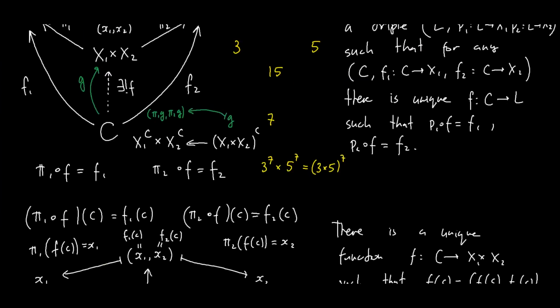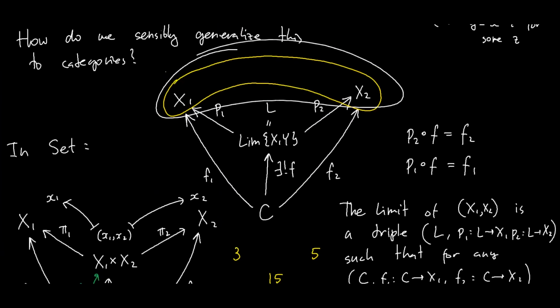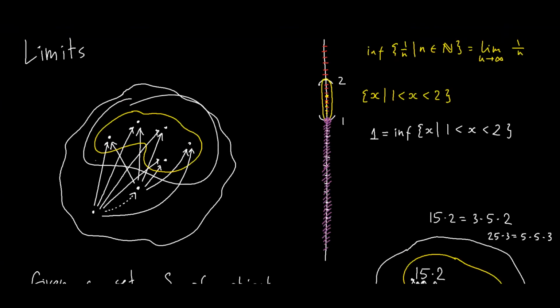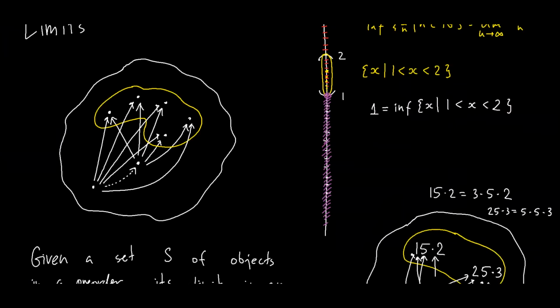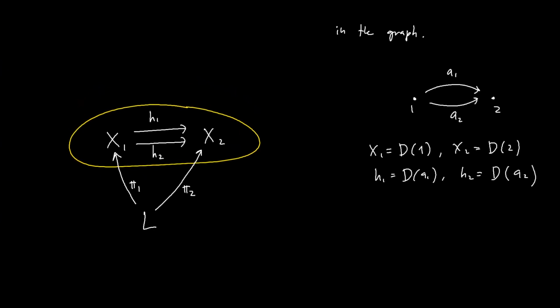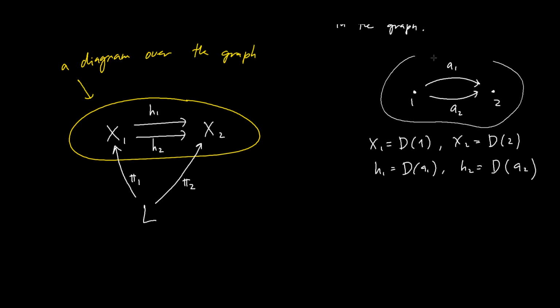In the notion of a product of two objects, or the limit of this discrete diagram, I never had any arrows inside the yellow area. There might have been some arrows, but I just ignored them. We're not ignoring those arrows anymore. So if I have some arrows in the yellow area, in my diagram, this thing is called a diagram over the graph that's drawn here.